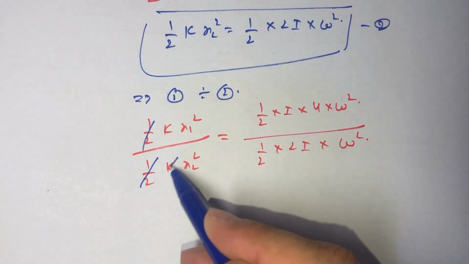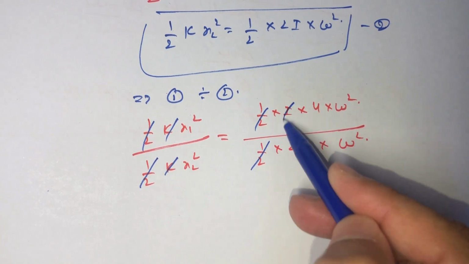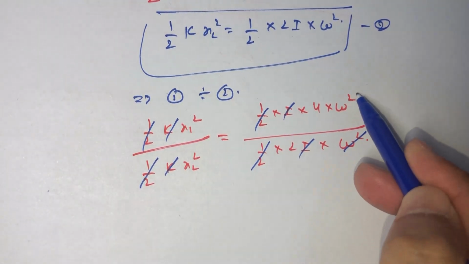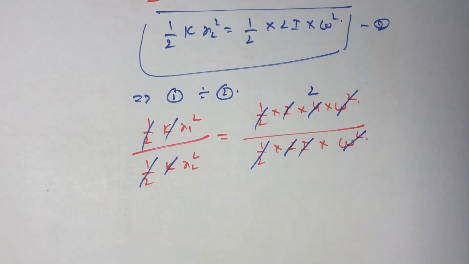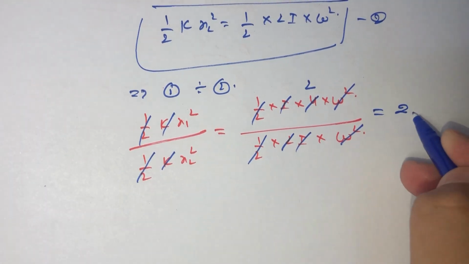So half k and k cancel out. On this side I goes with I, omega square goes with omega square, and this 2 goes with this 2. So this is equal to 2.